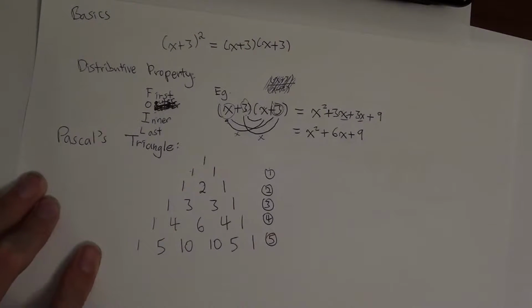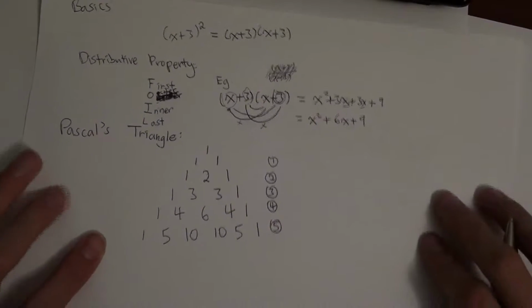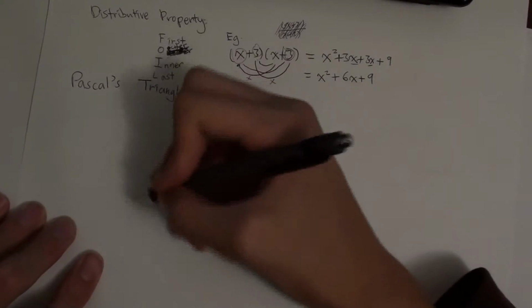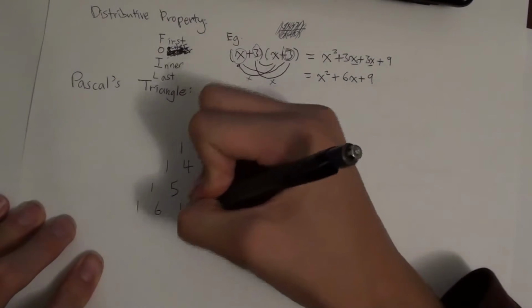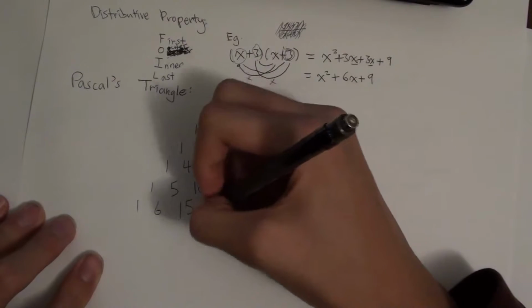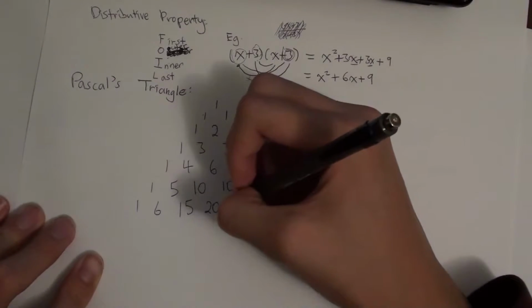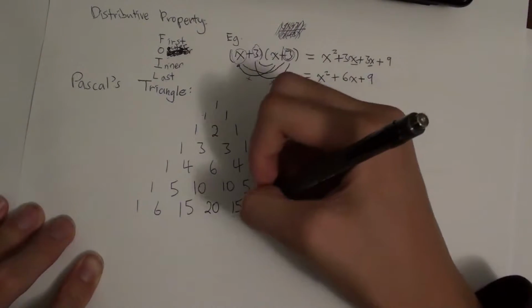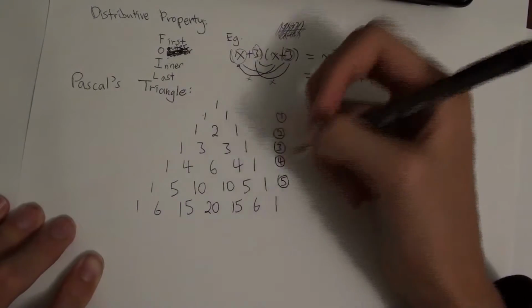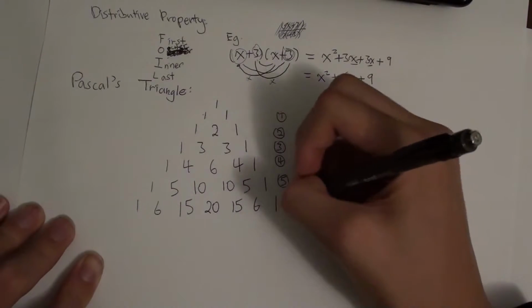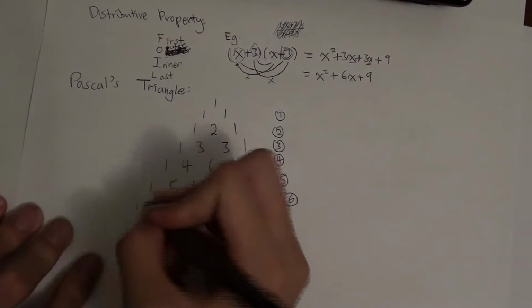And as you can see, this will continue to go down. Alright, I'm going to move the sheet up a bit. 1, 6, 15, 20, 10, 10 plus 10, 10 plus 5, 15, 5 plus 1, 6, and 1. This is the sixth actual layer of the triangle.